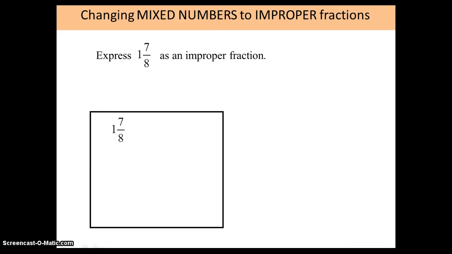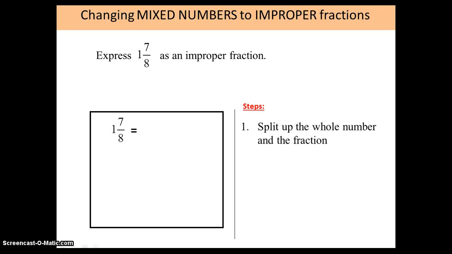Changing mixed numbers to improper fractions. Now let's look at this question. Express 1 and 7/8 as an improper fraction. What are the steps involved? Step 1, we split up the mixed number into the whole number part and the fractional part. So 1 and 7/8 is equal to 1 plus 7/8.